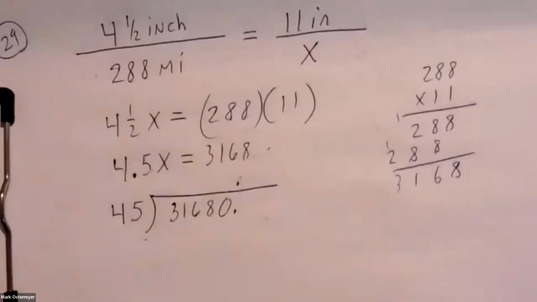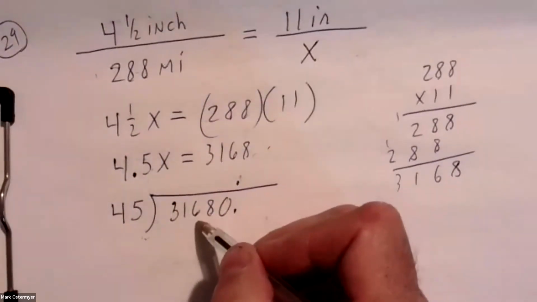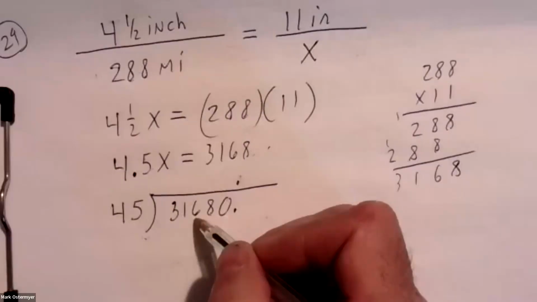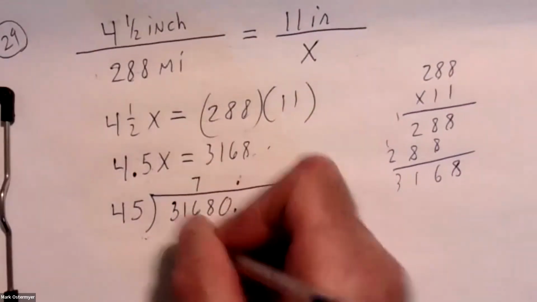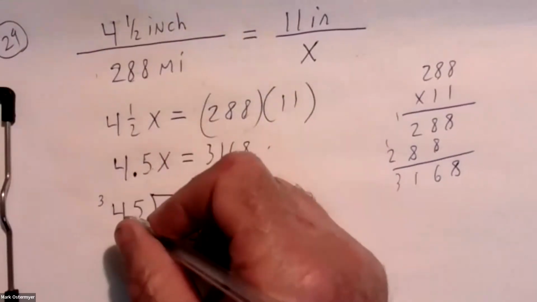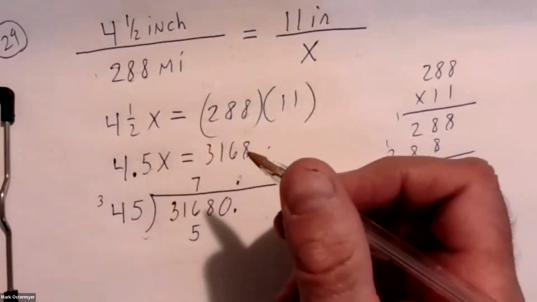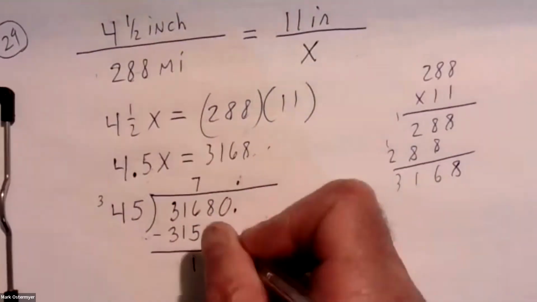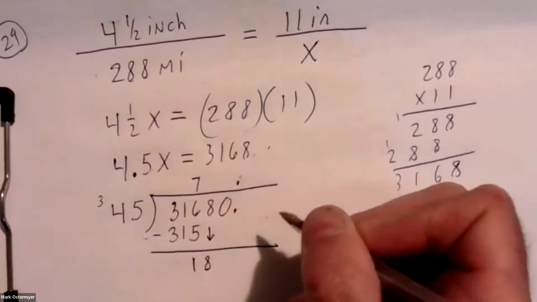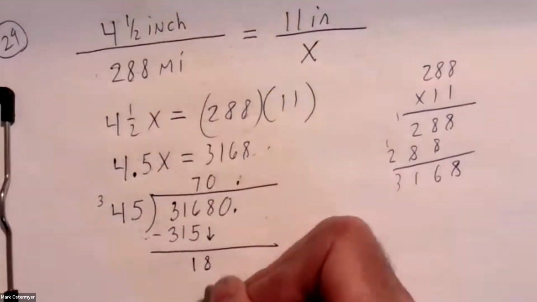Now, 45 divides into 31? No. Does it divide into 316? Yes, 7. 7 times 5 is 35, carry the 3. 7 times 4 is 28 plus 3 is 31. Subtract, get 1, bring down the 8. 45 divides into 18 zero times.